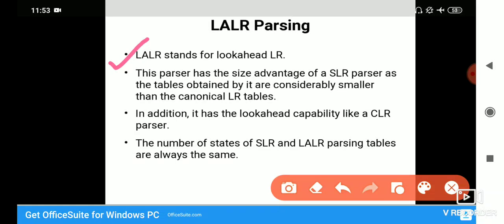Now, if I compare the SLR parser and CLR parser, what we have done in the previous lectures, we'll observe that the SLR parser has a lesser number of items in comparison to the CLR parser.